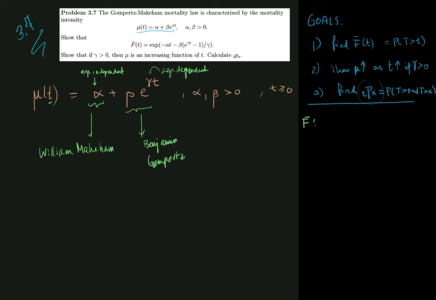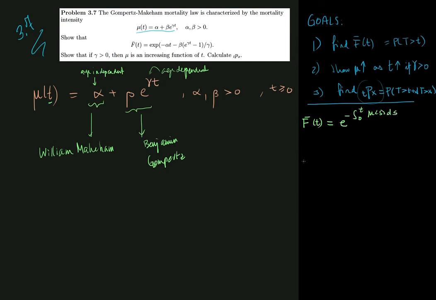In chapter 3, we are provided with two expressions that tell us how we can find the survival function and the conditional survival functions by means of the mortality intensity. Somewhere on page 25, we see that the survival function is given as the exponential to the minus integral from 0 to t of the mortality rate.